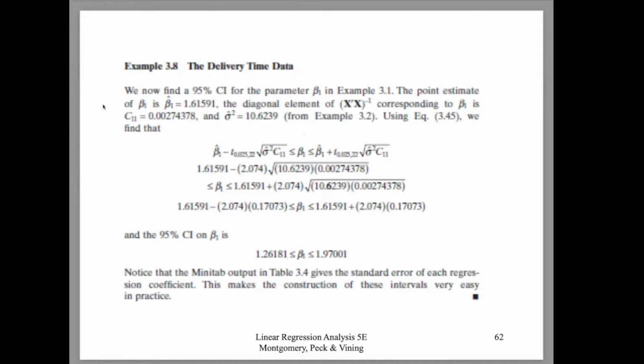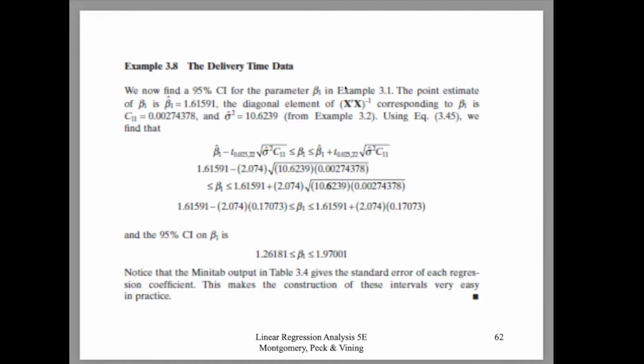We're going to find a 95% confidence interval estimate for the parameter beta 1 in example 3.1. You'll recall that beta 1 is the slope coefficient on the variable x1, which is the number of cases to be delivered. Now, the point estimate of beta 1 is beta 1 hat, all right, which is 1.61591.